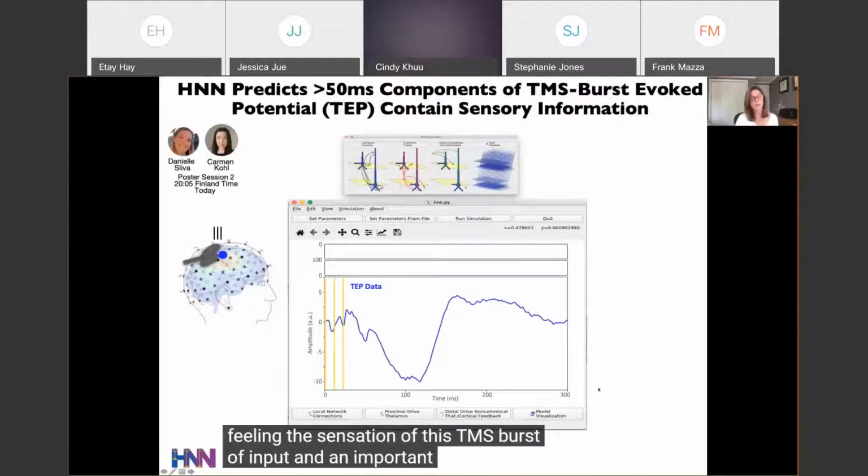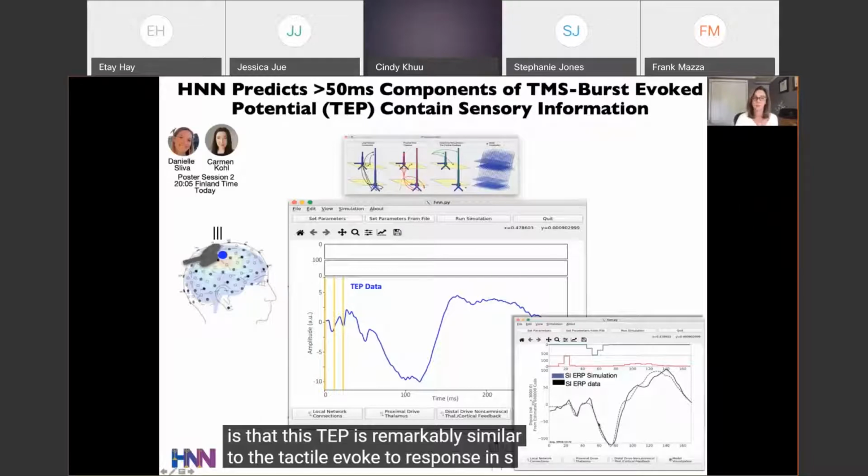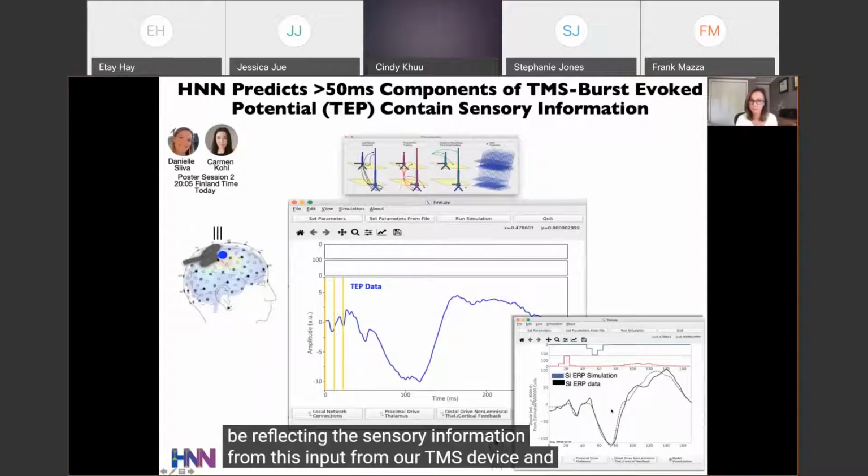And an important thing to note is that this TEP is remarkably similar to the tactile evoked response in S1 from that tap to the finger that I showed you earlier. So it suggests that at least part of what we're seeing may be reflecting the sensory information from this input from our TMS device.